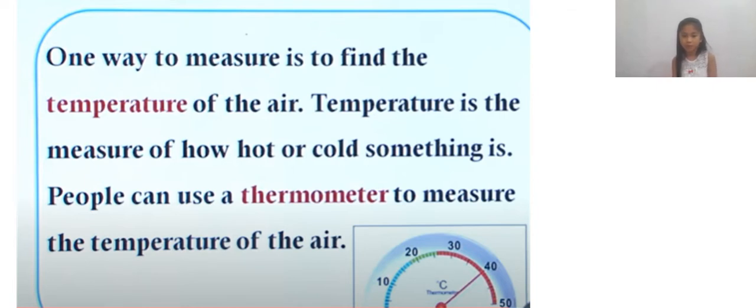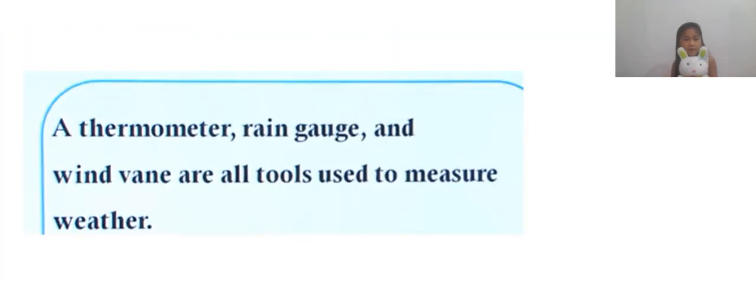When we read fast, we read it thermometer. So let's read. One way to measure is to find the temperature of the air. Temperature is the measure of how hot or cold something is. People can use a thermometer to measure the temperature of the air.